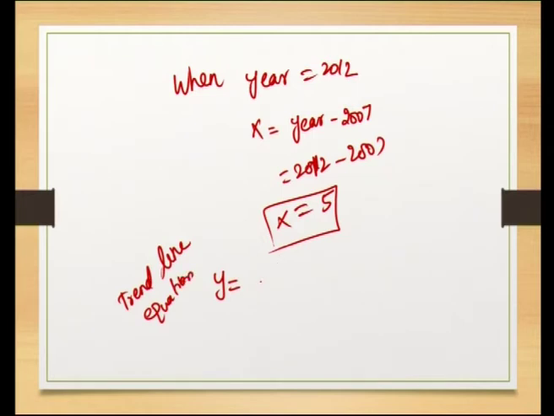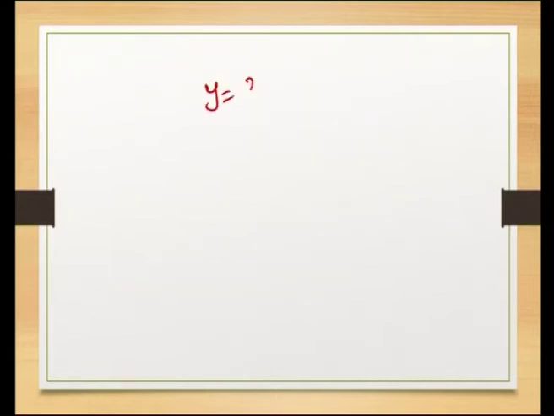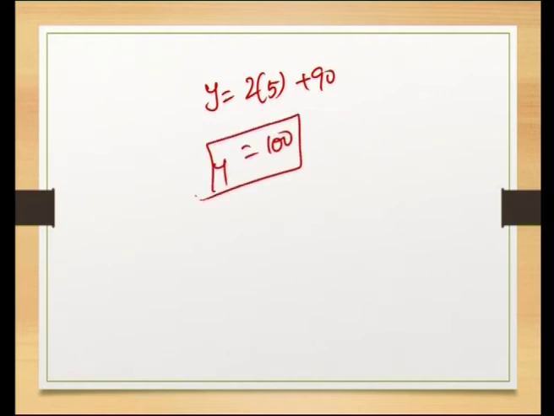The trend line equation is y is equal to 2x plus 90. Substituting for x, y is equal to 2 into 5 plus 90, which is equal to 100. This is the value corresponding to 2012. So, the estimated sales of firm A in the year 2012 is 100 metric tons.